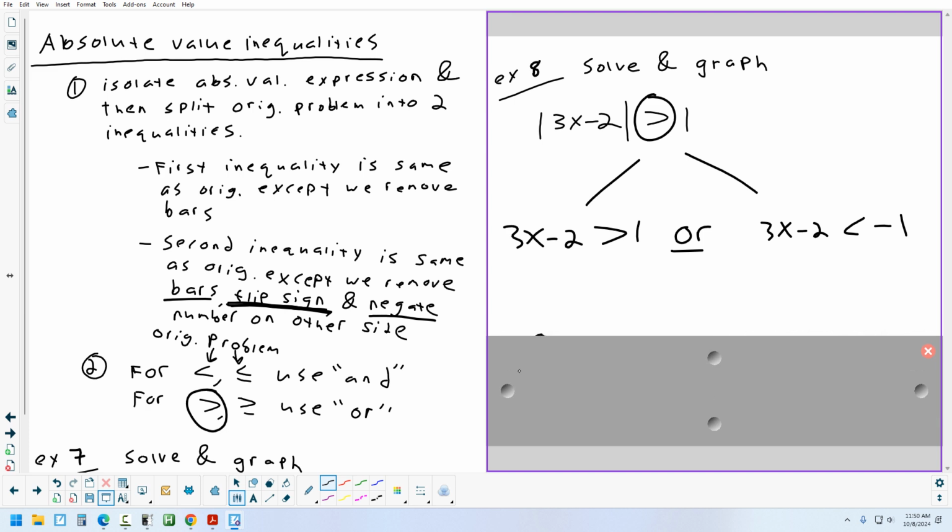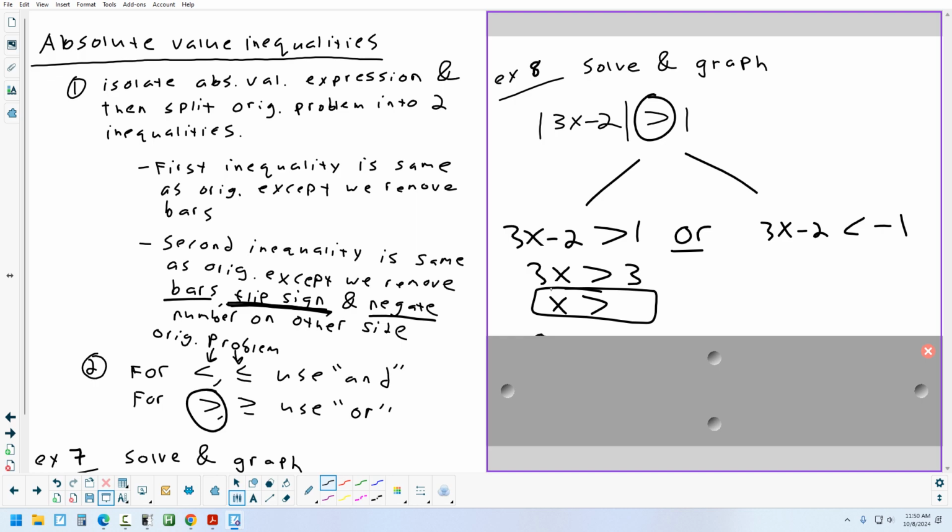Okay, and now we solve it. We get 3x is greater than 3 by adding 2 to each side, which means x is greater than 1.